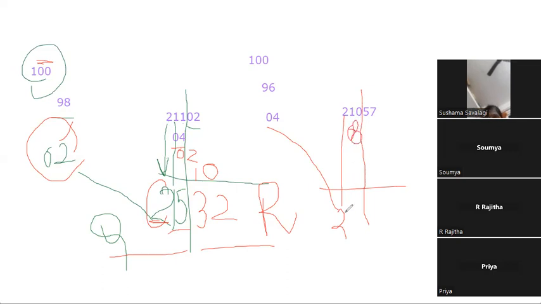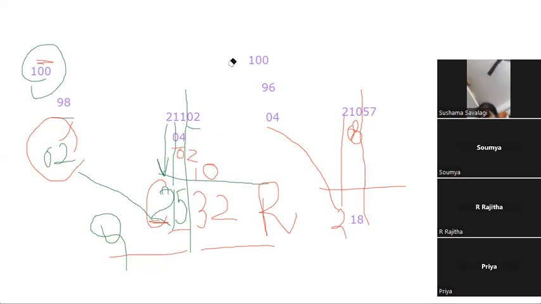Now you bring them down. So you get your quotient, which is very simple, 218. You just bring them down. The quotient is very easy to take out, which is 218. Let me write this. So your quotient is 218.